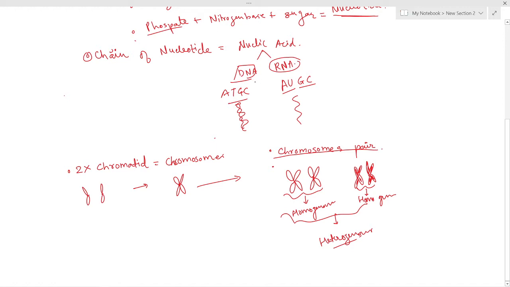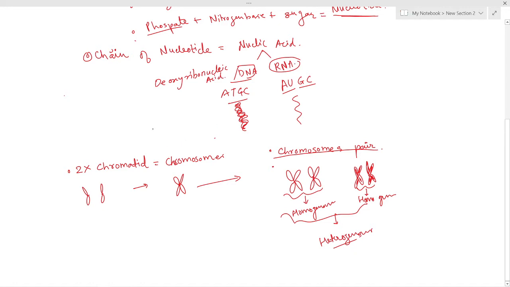DNA is deoxyribonucleic acid, and RNA is ribonucleic acid. You see, this is double stranded DNA and RNA is single stranded.